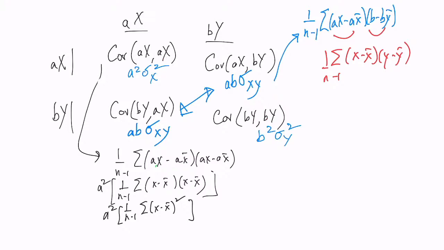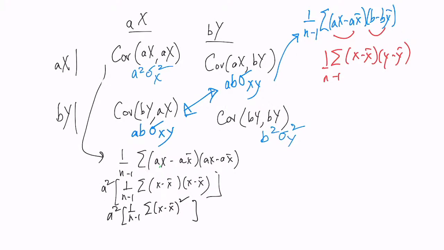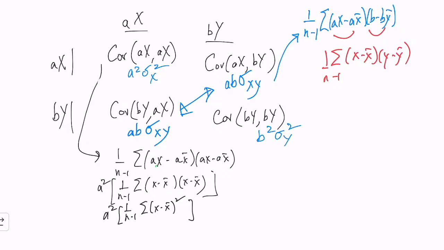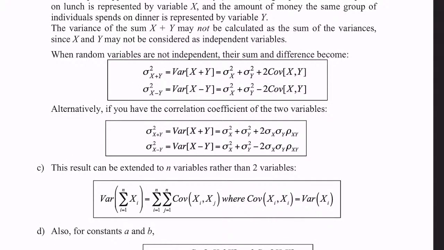So what I can conclude with all this is the variance of x plus y would just be sigma squared x plus sigma squared y plus 2 covariance xy.